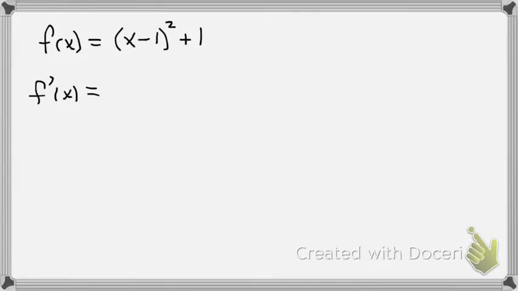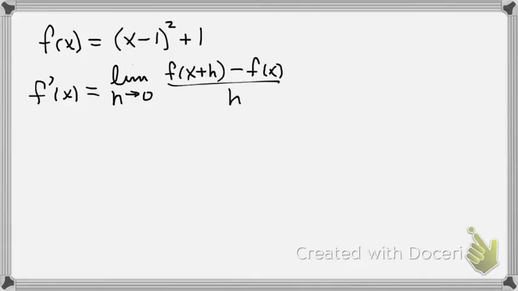So I'll use the f prime of x notation for this one. f prime of x equals, and then the definition, the limit as h approaches 0, f of x plus h minus f of x all over h. So it's the limit as h approaches 0. This is going to be x plus h minus 1 squared plus 1.